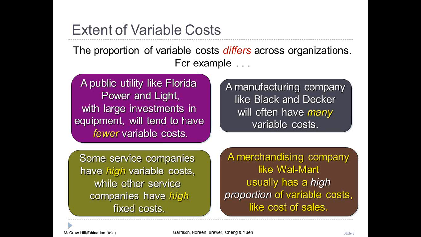And in order to do that, there needs to be large investments in equipment. So there's significant capital costs, there's significant construction and development time, and so these types of organizations, such as utilities, have very few variable costs. Most of their costs are fixed. Most of their costs are capital costs.